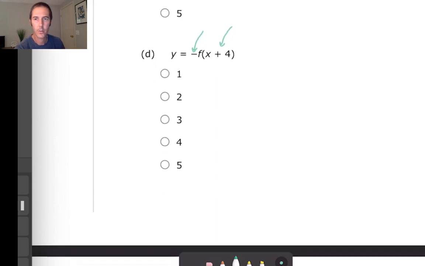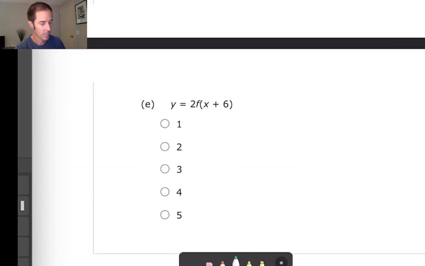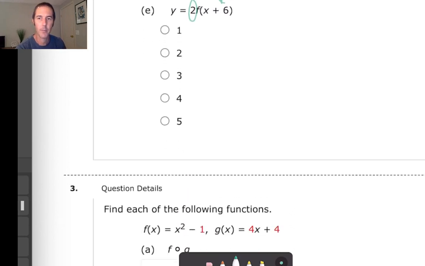I'm going to leave it to you to decide which direction it gets shifted. Same thing with the plus 6. Be careful. Make sure you shift the parent function in the correct direction, and then take the y values from that original parent function and double them. So be careful as you're going through these transformations that require 2 steps.